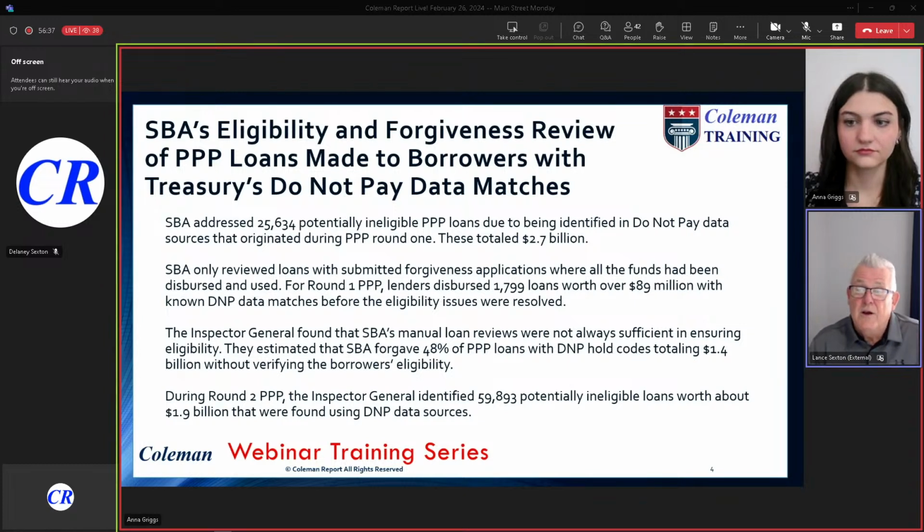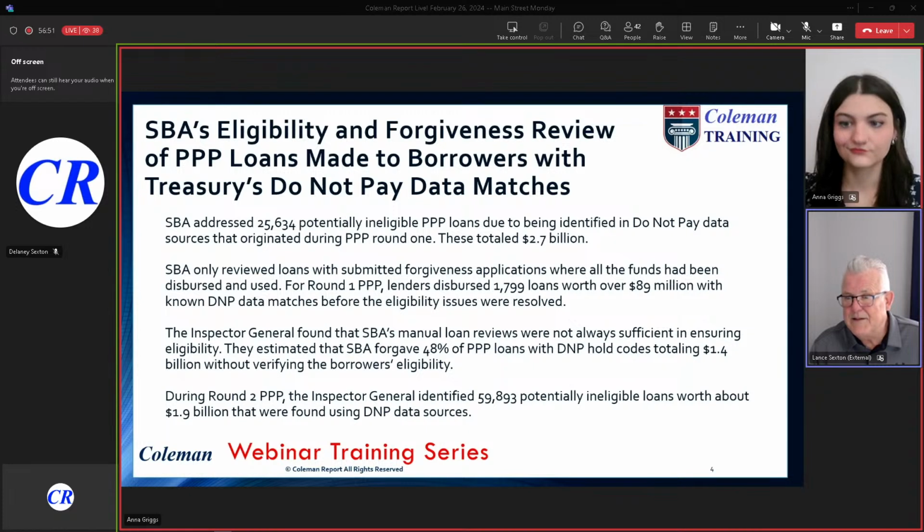Of course, in the first round of PPP, they didn't have their electronic 19-point data check that should have caught up on these. And several loans got through the system that were on the do not pay list, which means they're not eligible for federal financing of any sort.